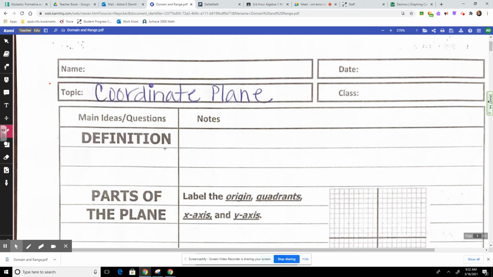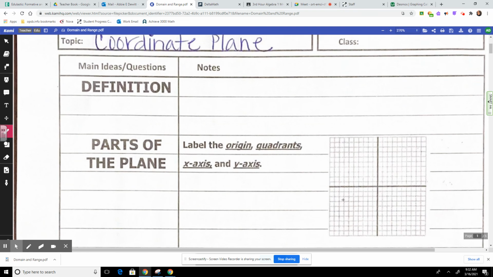So what is the definition of a coordinate plane? Anytime that you hear coordinate plane, you should automatically picture this picture in your head. This is what a coordinate plane is.